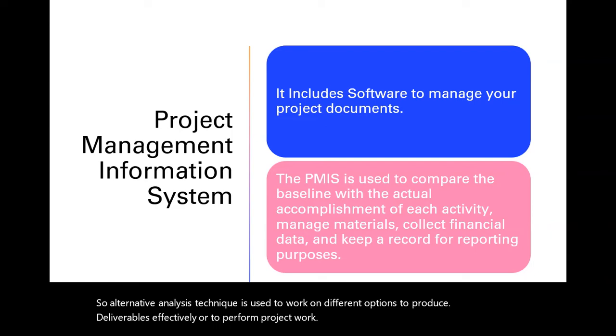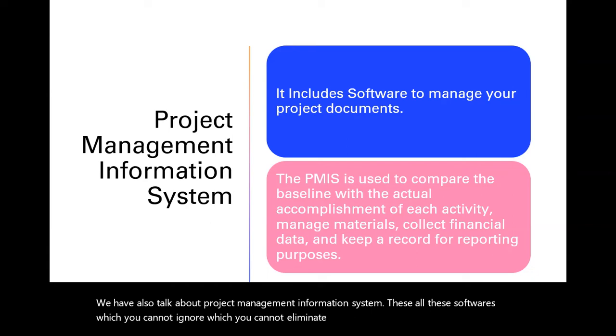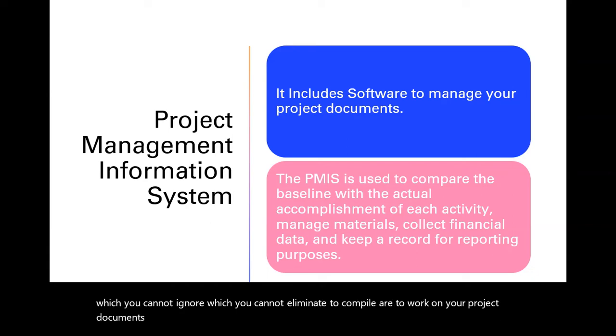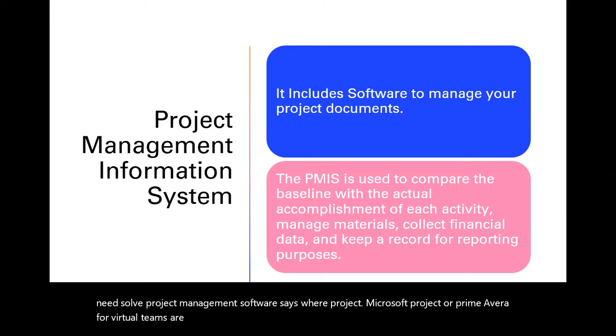We have also talked about the project management information system. These are the software which you cannot ignore or eliminate to compile or work on your project documents. You need software like MS Word, MS Excel, PowerPoint for general presentations. You need project management software as well, like Microsoft Project or Primavera. For virtual teams or document sharing, you need software like SharePoint.